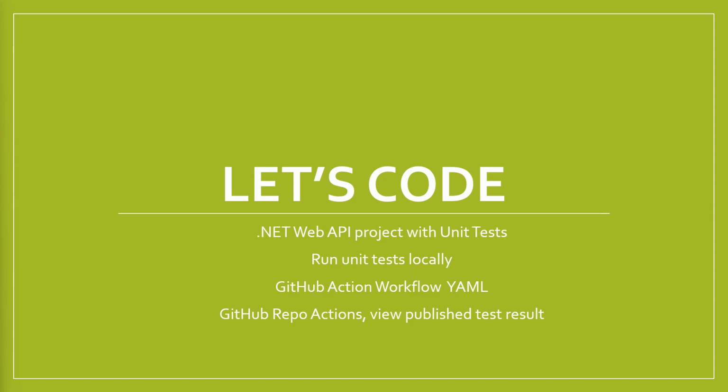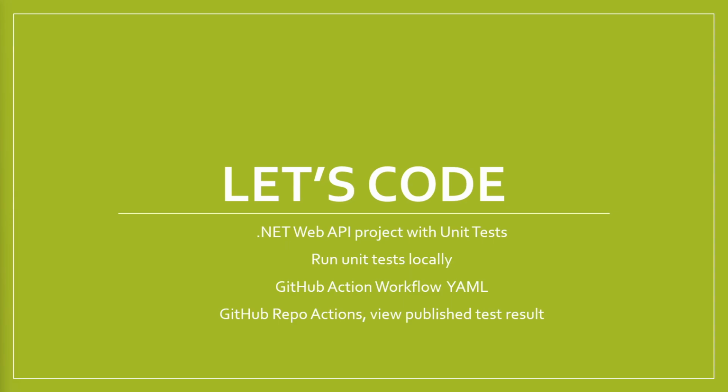it will be tested. So the next thing that we're going to do is run the unit tests locally to make sure that they work, and then we're going to start writing the GitHub Action workflow, the YAML file. And once we do that, we'll be able to push all of that into a GitHub repo.